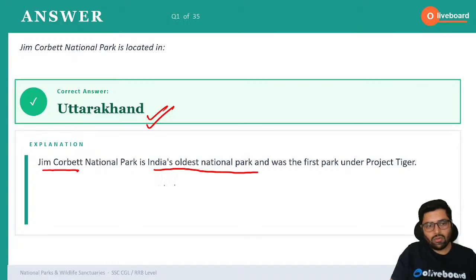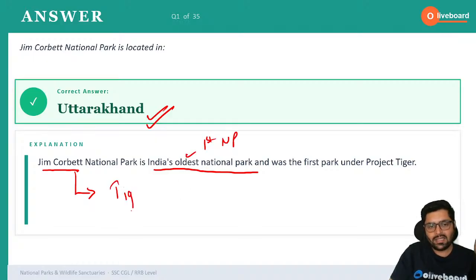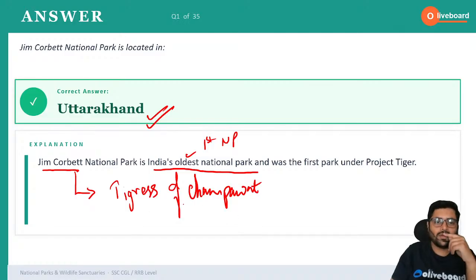Now, Jim Corbett, fun fact: it was India's first, oldest national park. There was a very famous tigress of Champawat in Uttarakhand only. To kill her, Jim Corbett was invited.